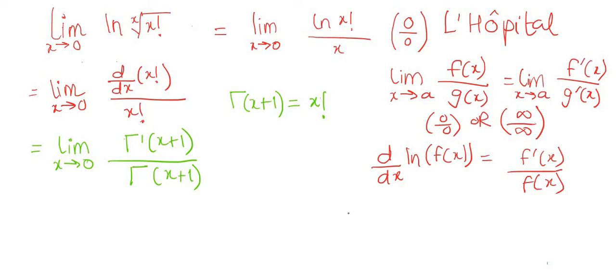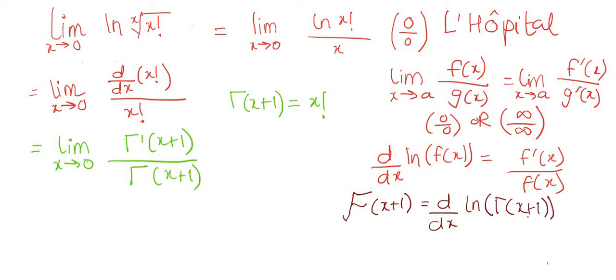Now there's also something known as the digamma function. I know there's a lot of gammas there, but you know, mathematicians. The digamma of x plus 1 is equal to the derivative of the natural log of the gamma of x plus 1, which, from the above formula, is just gamma prime of x plus 1 over gamma of x plus 1.